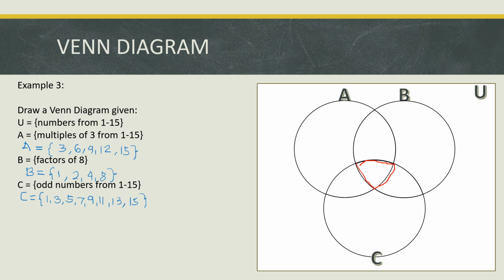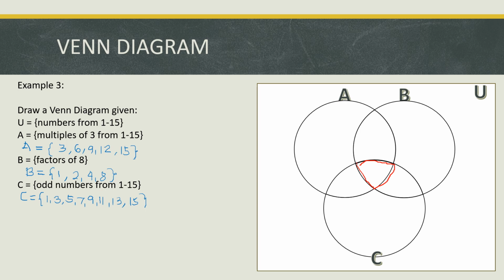So let us find an element that we can see on the three sets. We do not see any element that they have in common. So therefore, we do not have any element on that part.